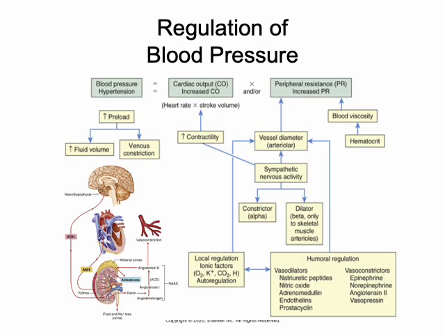In terms of the regulation of blood pressure, we've already discussed how cardiac output multiplied by peripheral resistance equals blood pressure. When there's an increase in cardiac output and an increase in peripheral resistance, or one or the other, this can increase our blood pressure, causing hypertension.